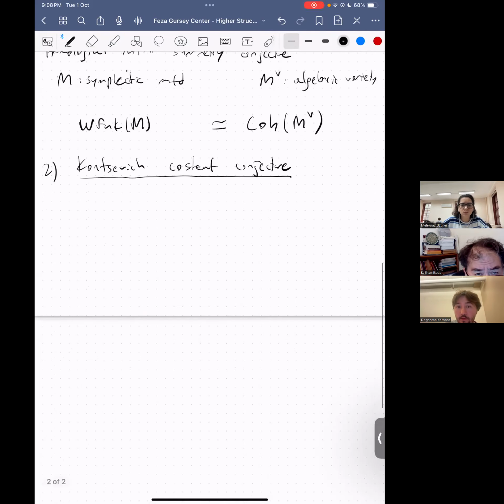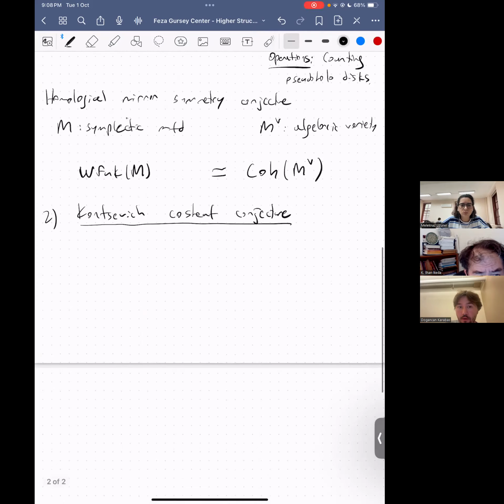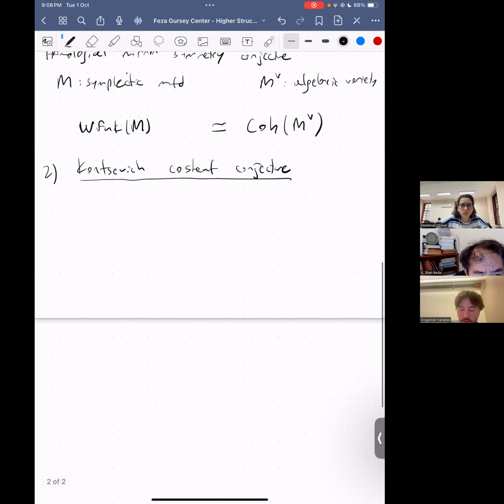And second is the Kontsevich-Koshev conjecture, but this is actually proven now. Proven by Nadler, Zaslow, and Ganatra, Pardon, Shende.